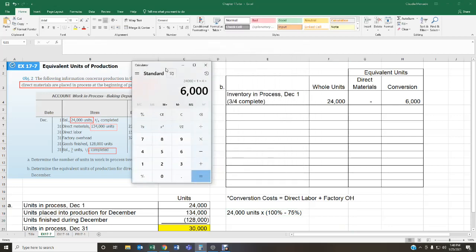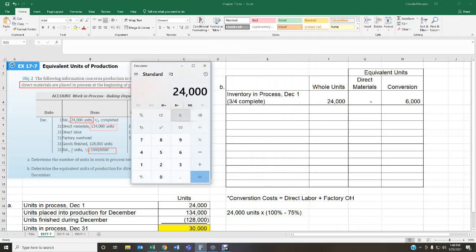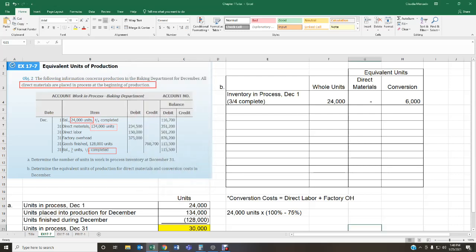So it'll be 24,000 times 100% minus 75%, that's 25%, and that gives you your 6,000 right there. So that is what we started off with. We started with 24,000 units. We don't have any materials because the materials were already charged last month. This month, we're going to have conversion costs to complete 6,000 of those units.